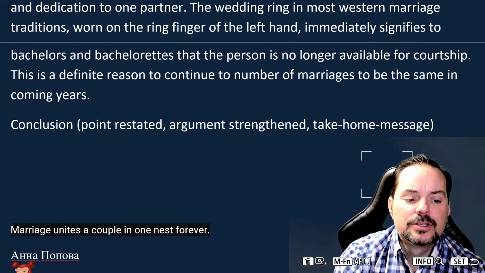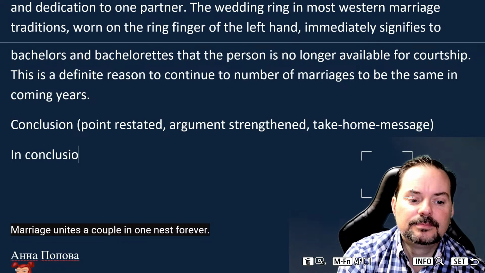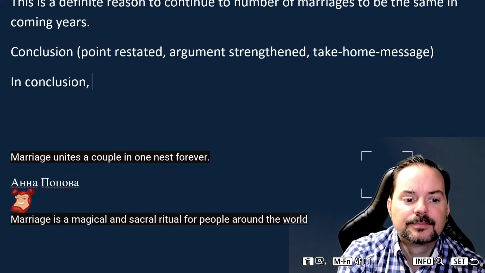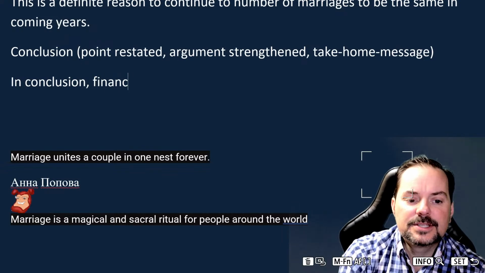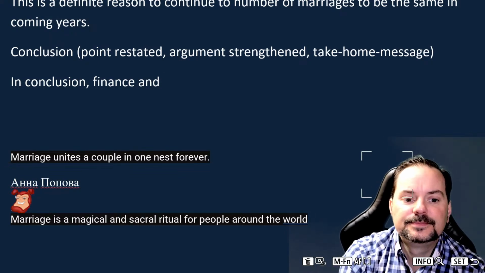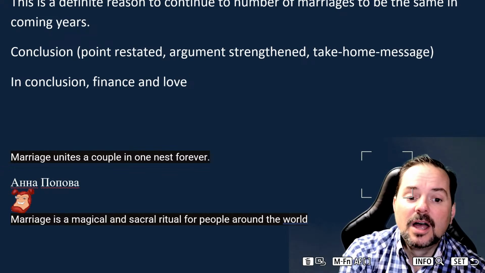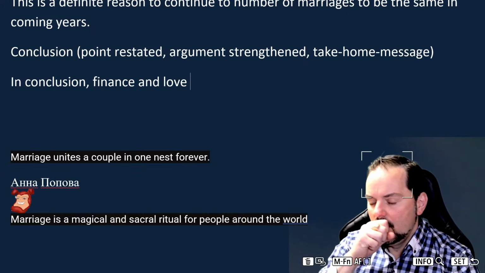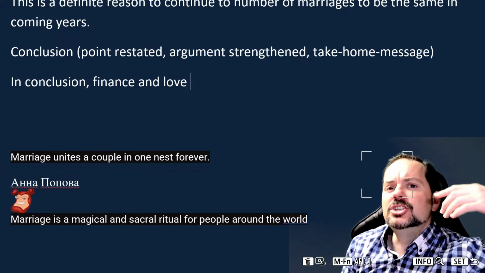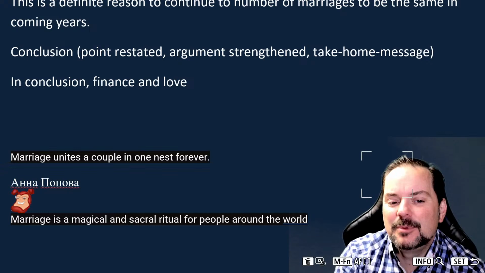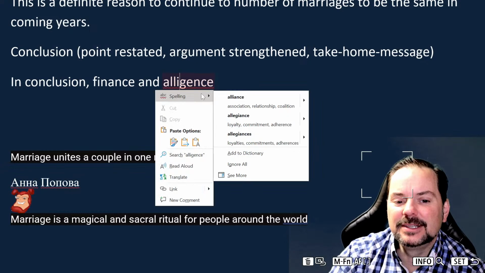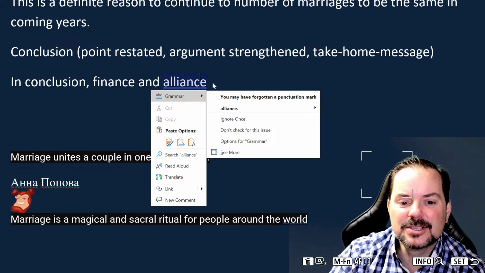Okay, so in conclusion, finance and love, we're going to translate loyalty to love. There are other words for loyalty like allegiance, but allegiance is not, I mean, we could use it, but it's maybe a little, alliance is okay too.